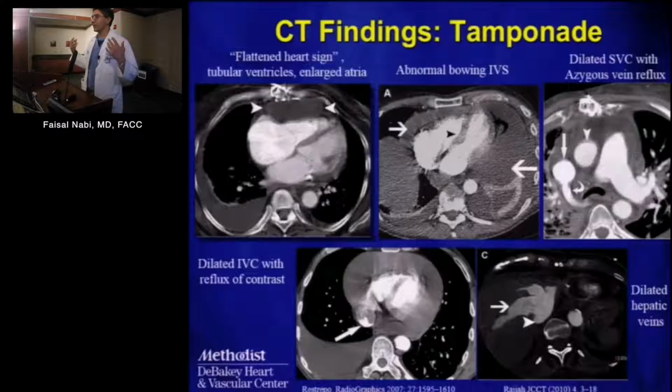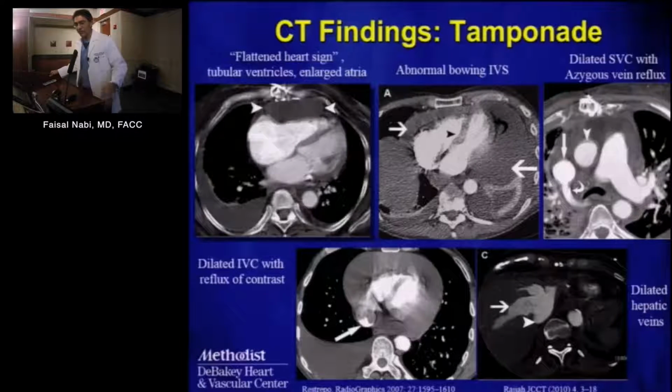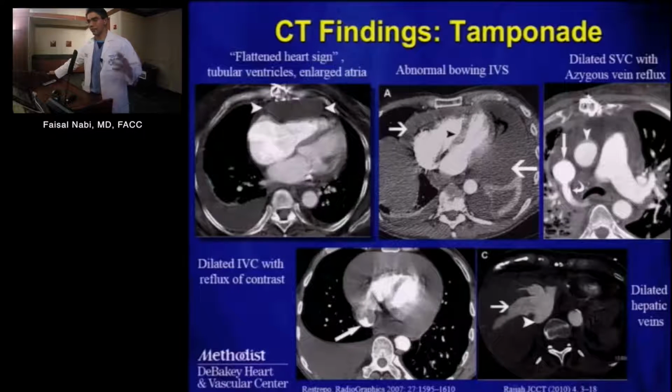You have elevated systemic pressures, and therefore the IVC and azygous vein may look juicy, as well as the hepatic veins. And if you give contrast, you may see a lot of reflux of contrast into the hepatic circulation with very dilated IVC and hepatic veins. So these would be tip-offs to us that the effusion we're seeing is hemodynamically significant and would alert us to notify the patient's team immediately.